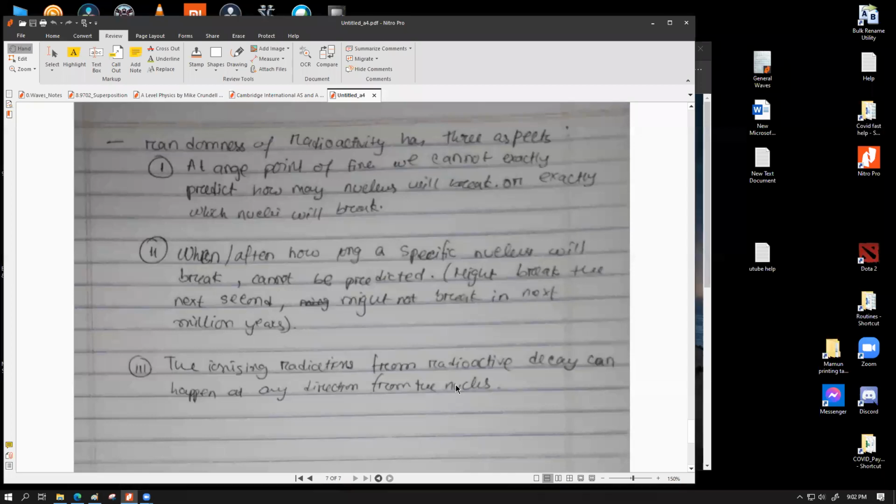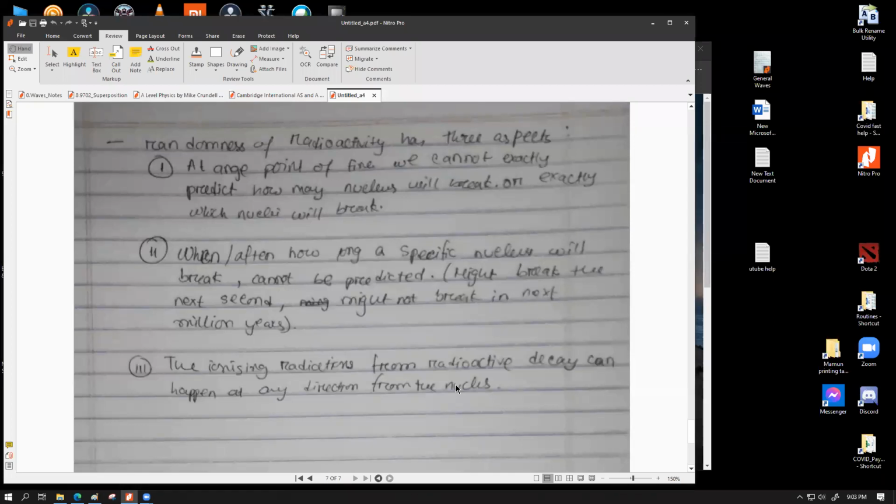Let's say the half-life of this specimen is 10 minutes. So you would expect that after 10 minutes, the number of remaining nuclei would be 500. But in practice, it might not be exactly 500. It may be 490, it can be 520, it can be 480. It can be somewhat different from that.